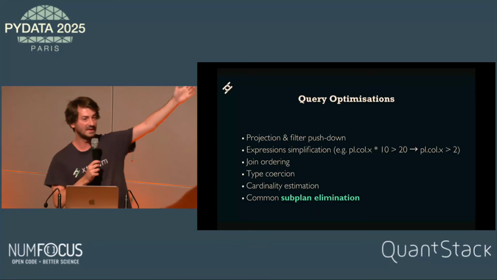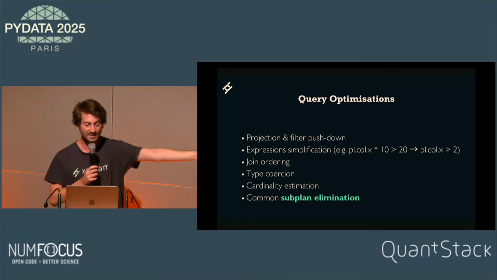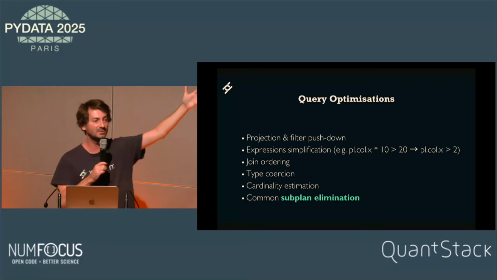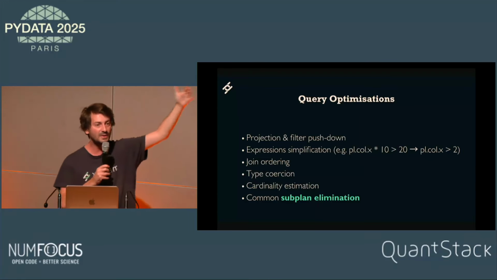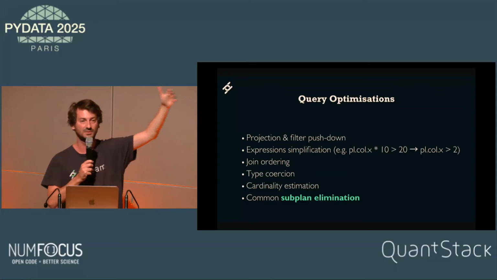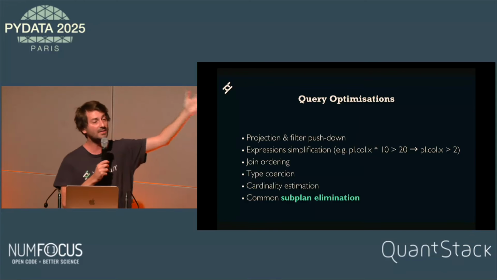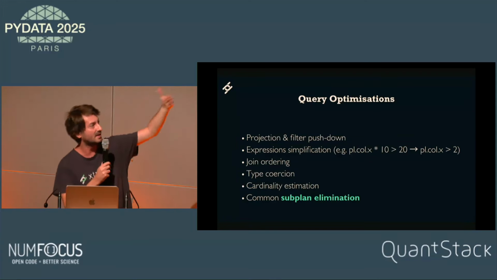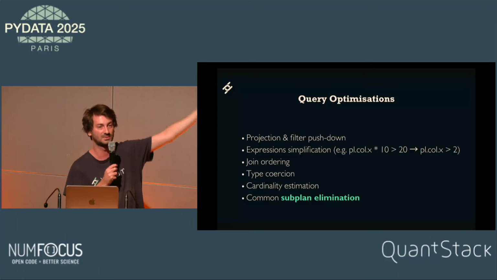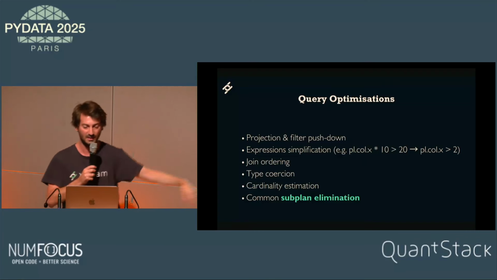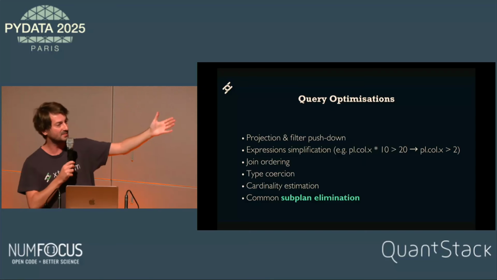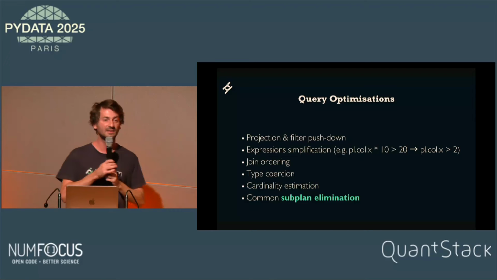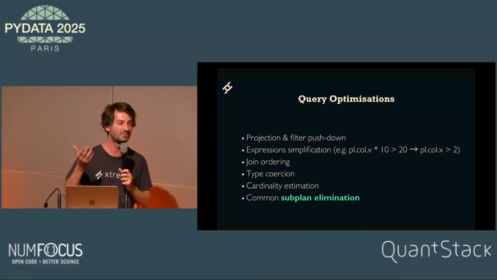That's not the only optimization we have available. We have all these listed, and all of them are executed by Polars automatically without the need for us to change anything in our code. The only thing we have to do is not to be stupid and not to set the flag optimize equals false, which no one is doing anyway. What are these optimizations? Well, we have seen the most important of them.